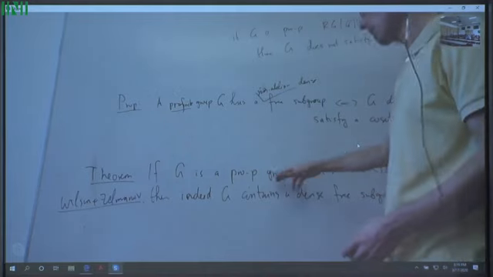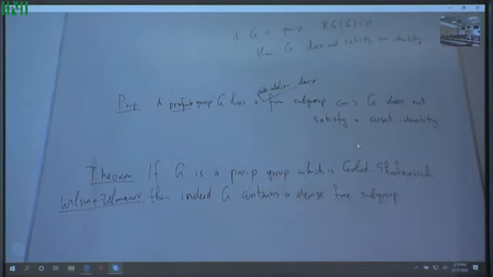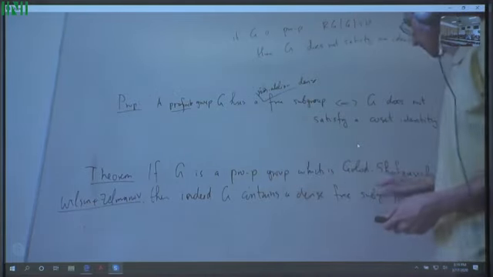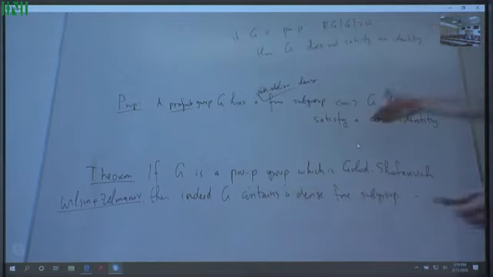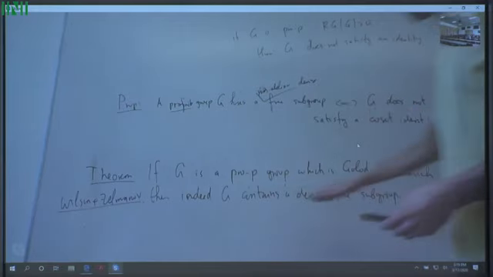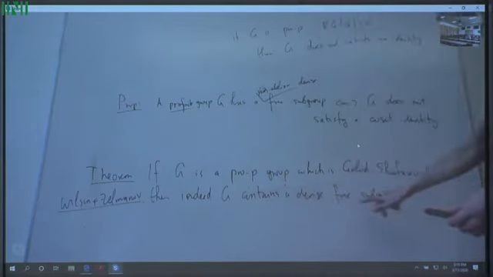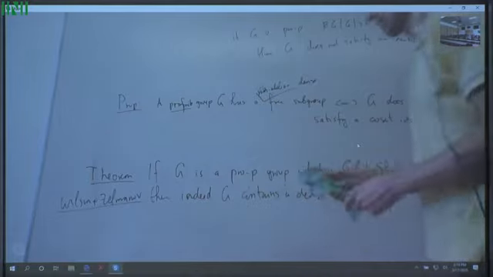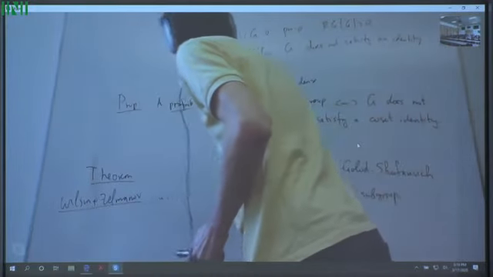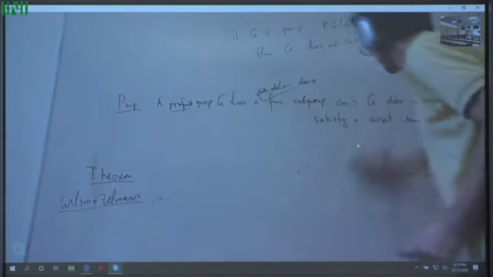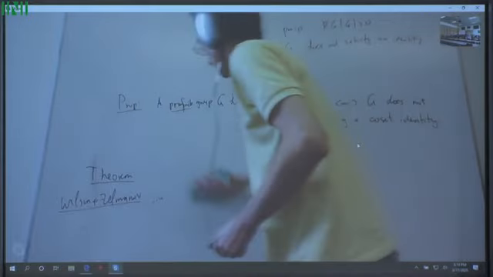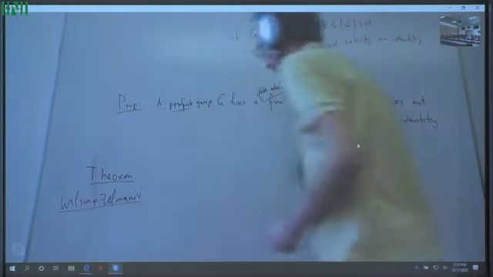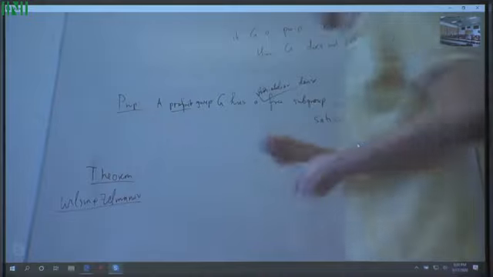And here's where the methods of Wilson and Zelmanov come into play, because how do they prove this result? Well, they use the same thing: if G does not contain a dense free subgroup, then G satisfies a coset identity, and they proved that if G satisfies a coset identity, then the associated Lie algebra of G satisfies an identity. So this is another result.